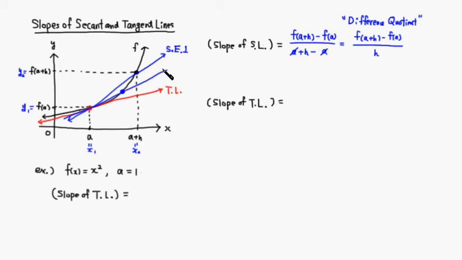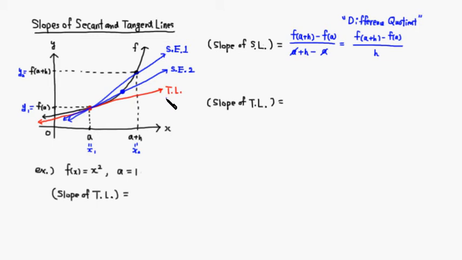This is going to be my secant line number 2. This is the first secant line, this is the second secant line. By putting the second point closer to the first point, the secant line gets closer to the tangent line.